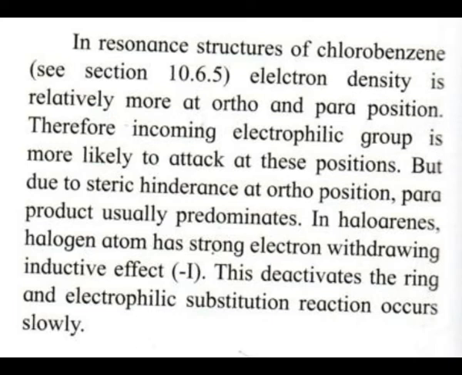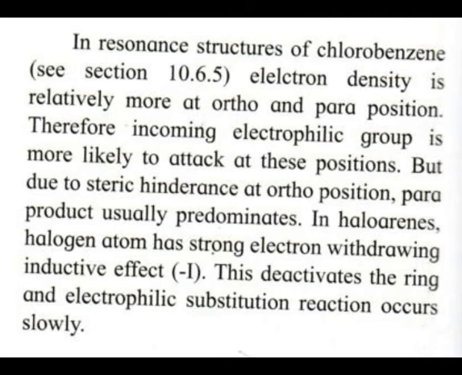So next what we are going to do is electrophilic substitution in aryl halides. Aryl halides undergo electrophilic substitution reaction slowly as compared to benzene. In resonance structures of chlorobenzene, electron density is relatively more at ortho and para positions. Therefore, the incoming electrophilic group is more likely to attack at these positions.